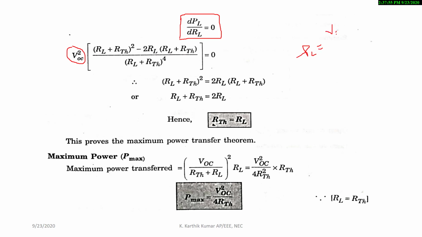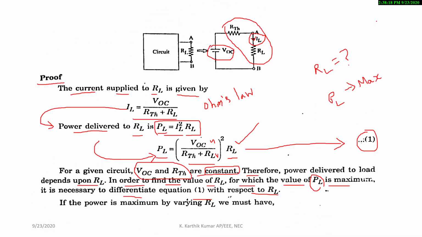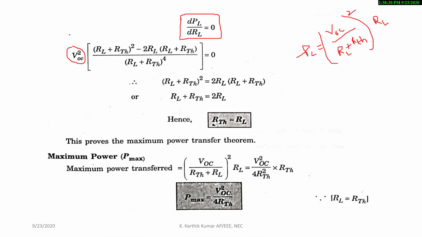VOC divided by (RL plus RTH) the whole square, into RL. This is the equation, and here we are just rewriting it as VOC squared, which is a constant.